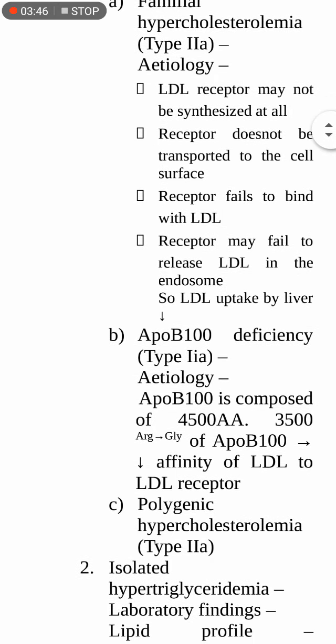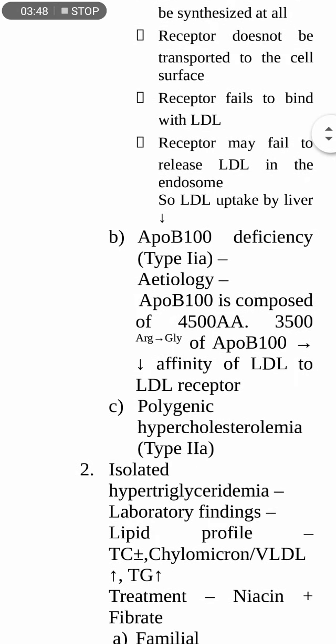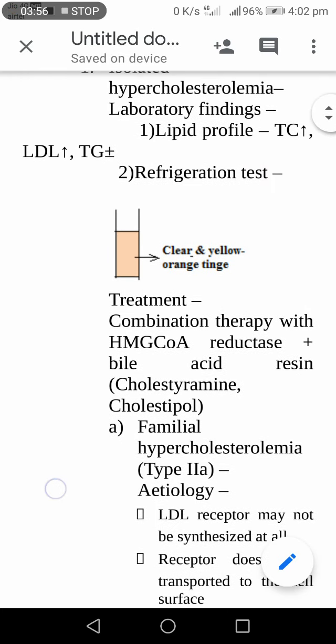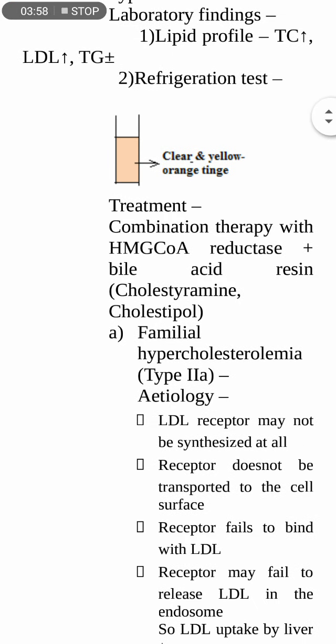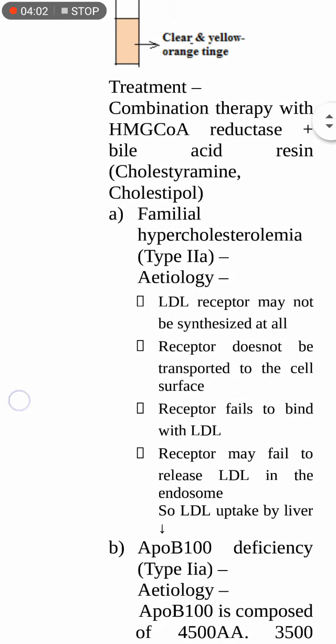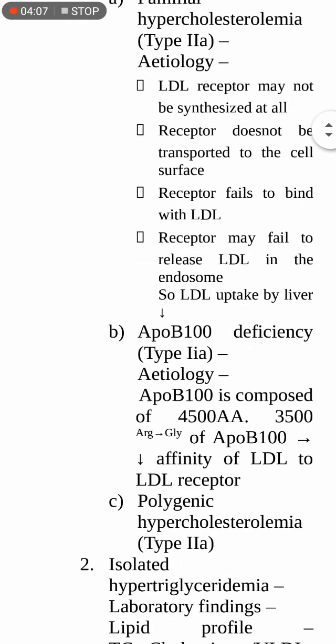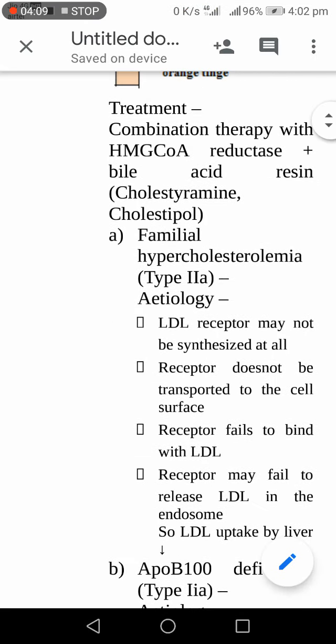Isolated hypercholesterolemia is of three types based on the etiology: familial hypercholesterolemia, ApoB100 deficiency, or polygenic hypercholesterolemia.